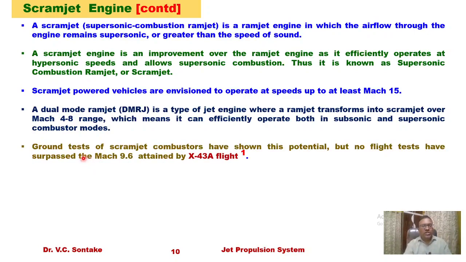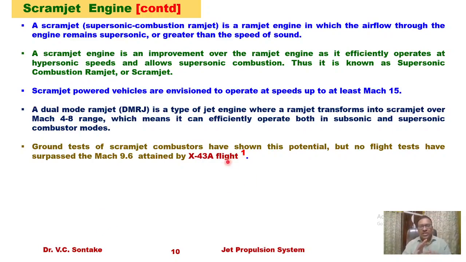However, ground tests of scramjet combustors have shown this potential, but no flight tests have surpassed the Mach number of 9.6 attained by NASA's scramjet engine flight named X-43A. Its reference is given at the bottom. What does it mean?